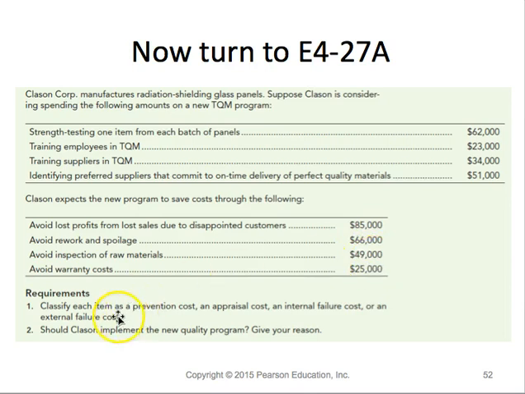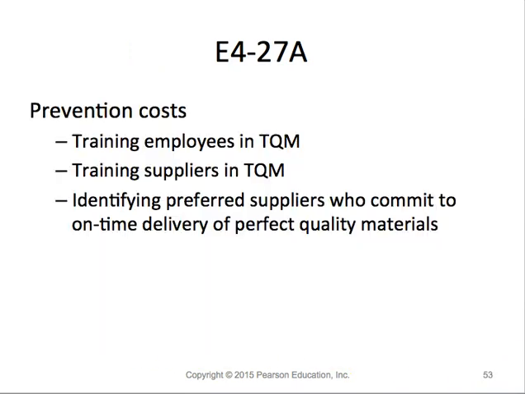So what we do here is identify and classify each item as preventive, appraisal, internal failure, or external failure cost. And see, should the company implement the new quality program? We want to explain that. Preventive costs include training of employees, training of suppliers, and identifying preferred suppliers who commit to on-time delivery.